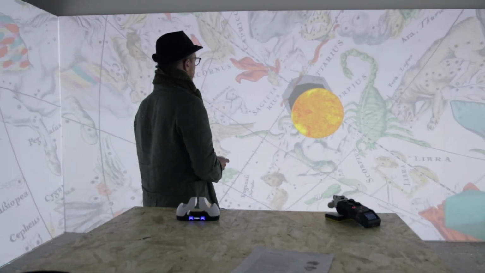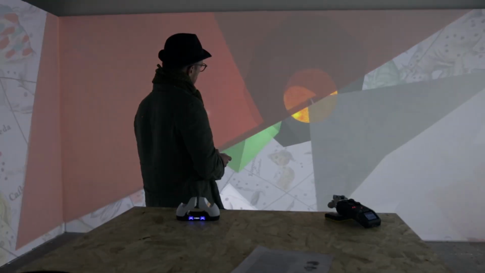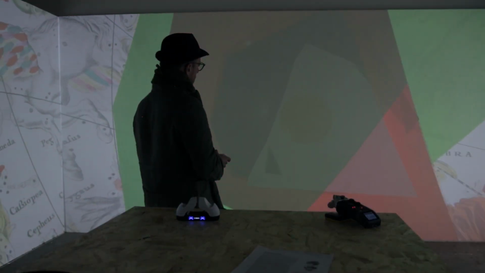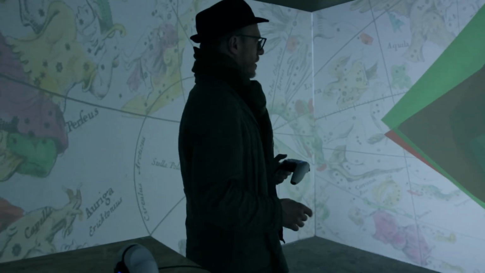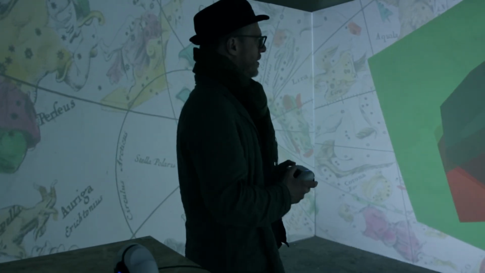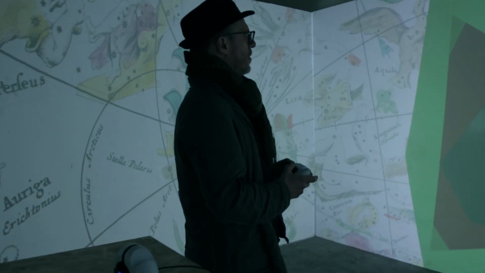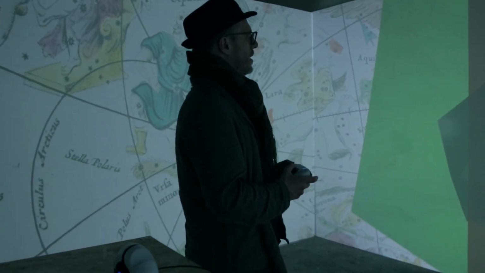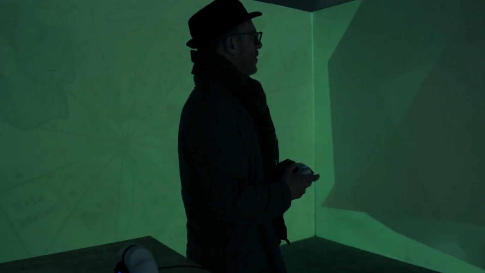Now, the second thing that you can do, if you press a button on the pad, you can reassemble all the figures around the central point, which is marked by the sun. Well, you can slowly move towards the center, and now you hear all the 72 oscillators in this installation around you.